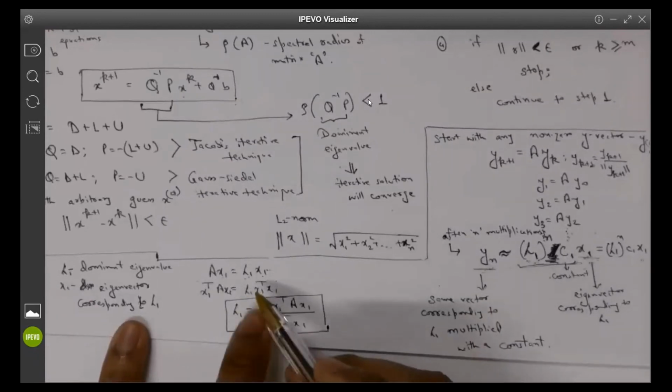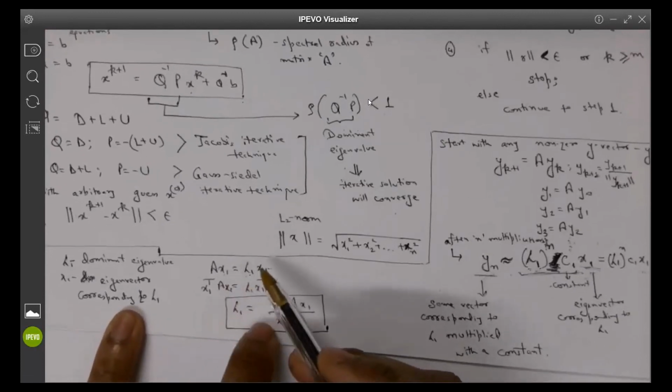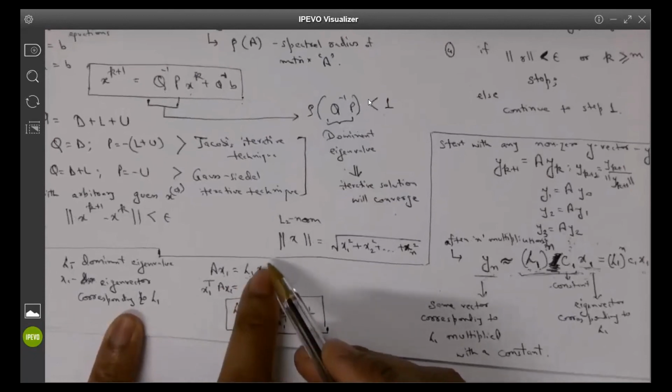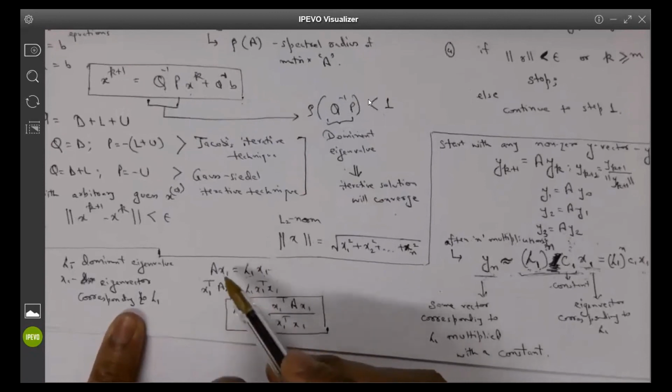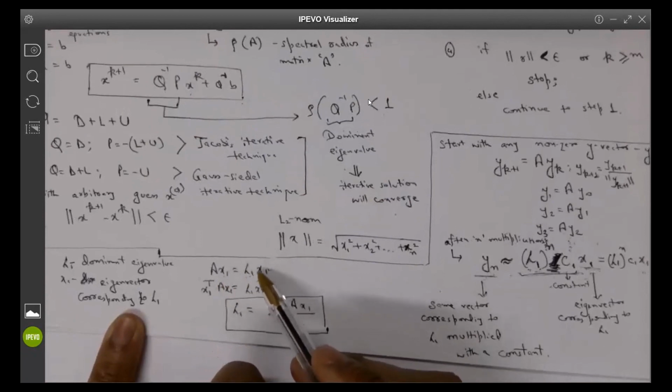What's the point of multiplying by x1 transpose? When we multiply this with x transpose, it will become one number, a scalar. Right now, this is a vector. I cannot take this vector and put it in a denominator. So if I pre-multiply this vector with x transpose, then it becomes one number.